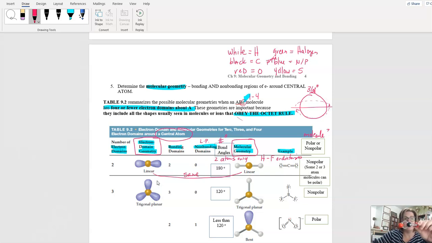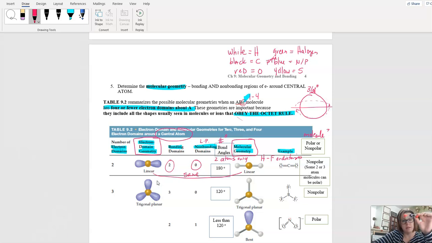So look at the Lewis structure, because I'm always going to have you draw the Lewis structure first. The Lewis structure right there, there's no lone pairs. So look, two bonds, no lone pairs on the central atom, and that will still have a linear shape. So going from this carbon all the way over to this carbon, that is 180. And if I go down to here, it is still 180, okay?